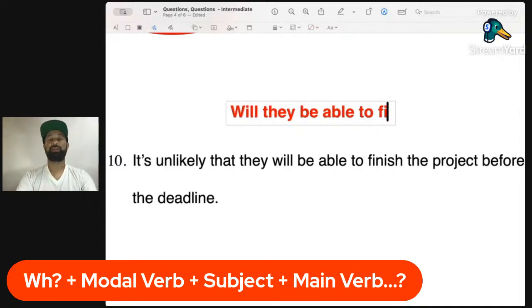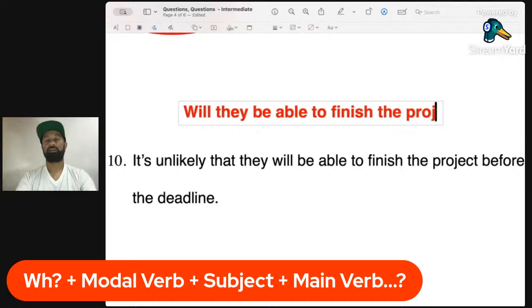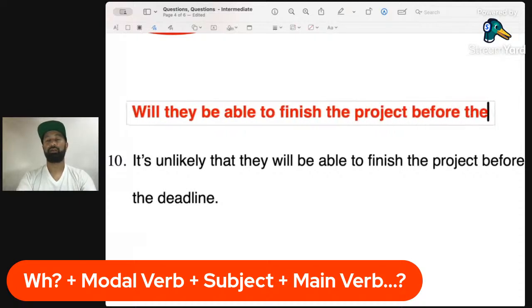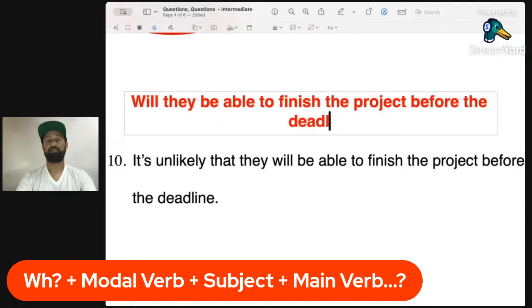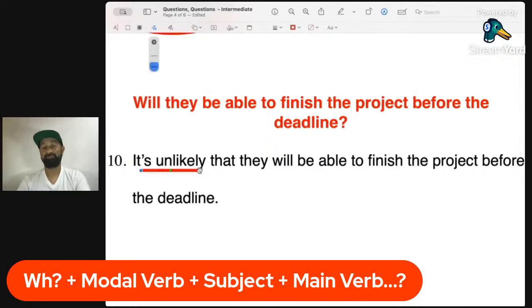Will they be able to finish the project before the deadline? Answer, it's unlikely. So then you could just say, well, it's unlikely that they'll be able to finish the project before the deadline.